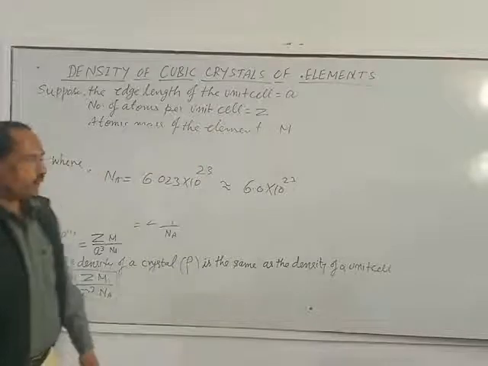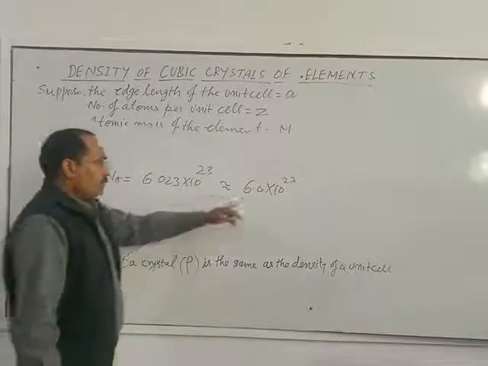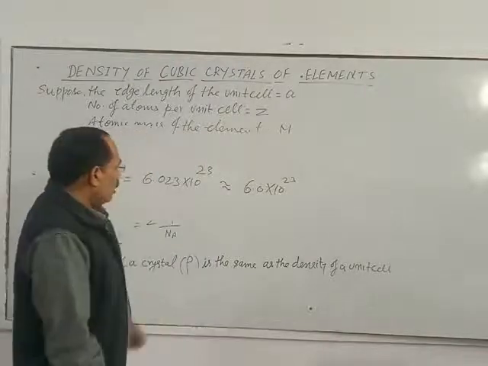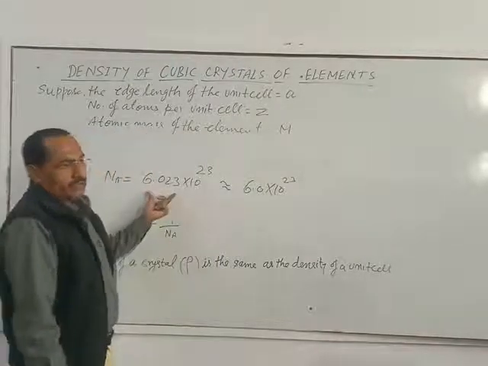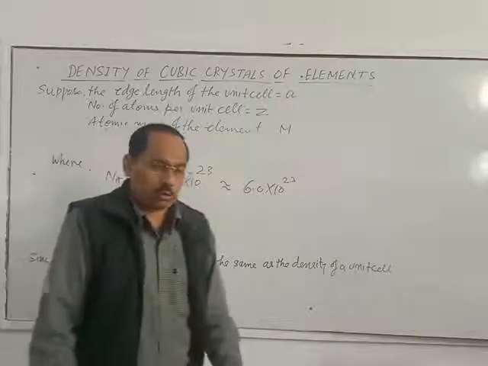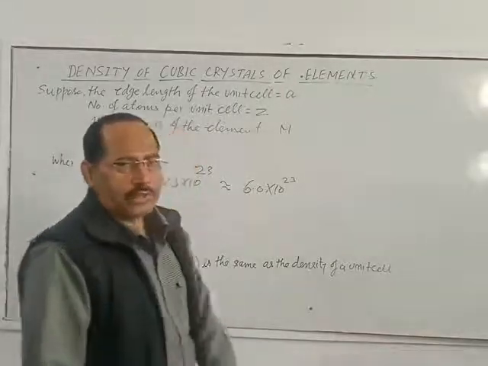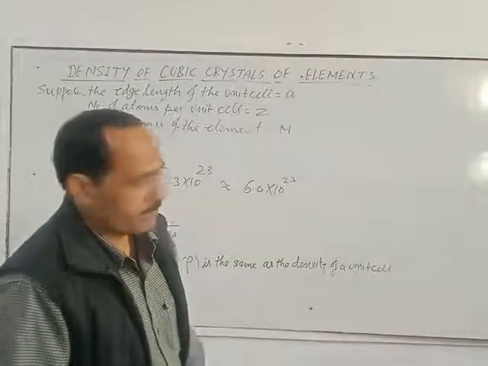For simple calculation, Avogadro number is taken as 6.0 into 10 power 23, although its actual value is 6.023 into 10 power 23.